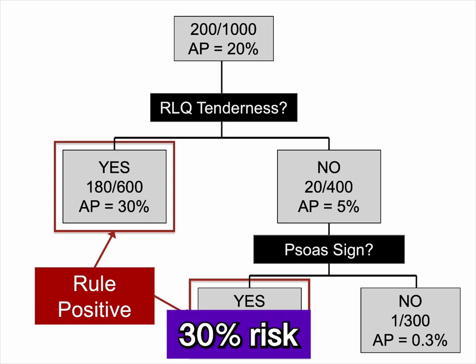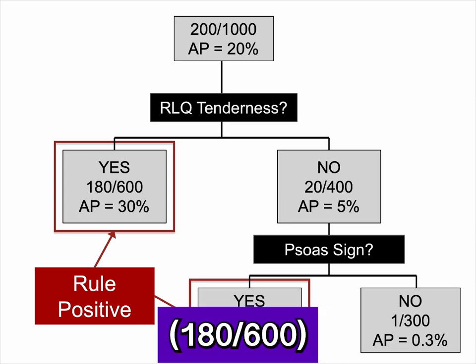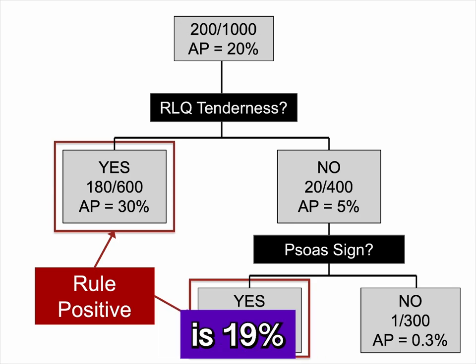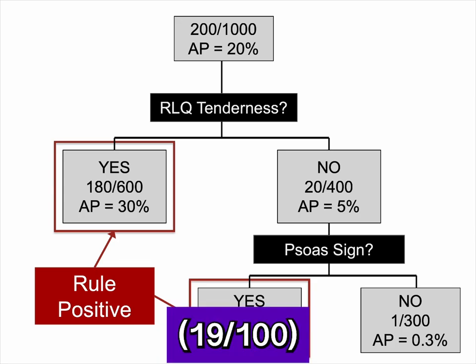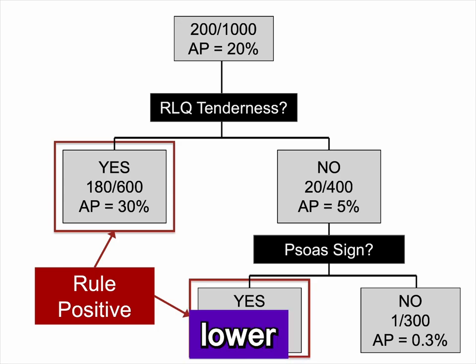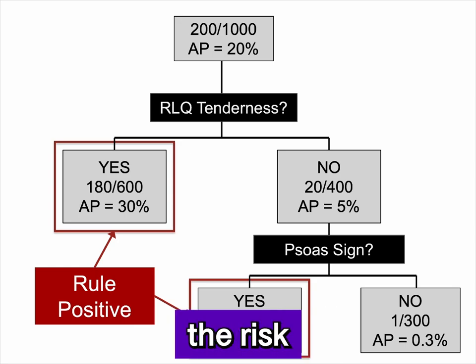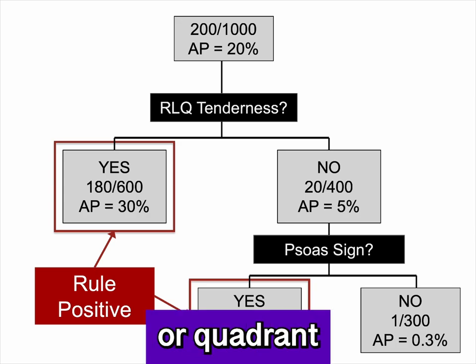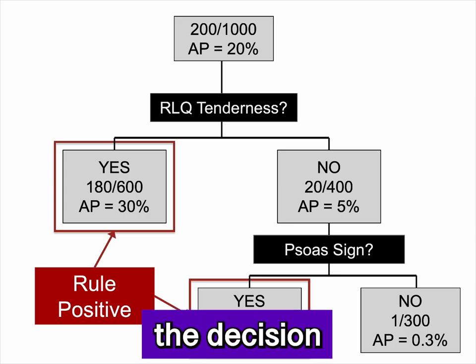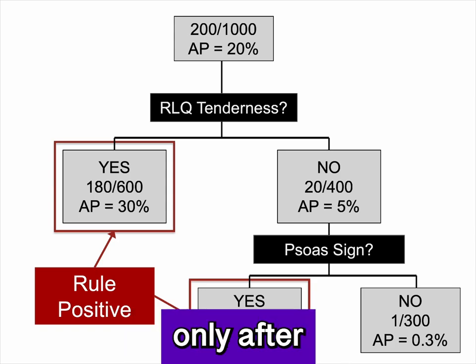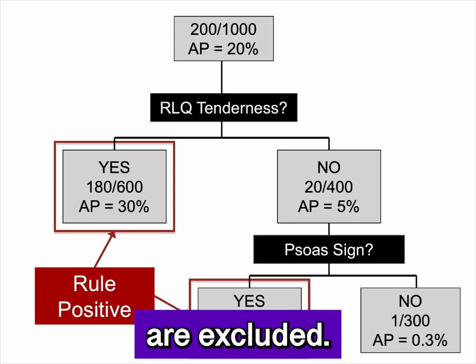There is a 30% risk of appendicitis, 180 out of 600, if there is right lower quadrant tenderness, and there is a 19% risk of appendicitis, 19 of 100, if there is no right lower quadrant tenderness but there is the psoas sign. Notice that you can't determine the risk of appendicitis for a patient with both right lower quadrant tenderness and a psoas sign from the decision tree. You can only calculate the test characteristics for psoas sign after patients with right lower quadrant tenderness are excluded.